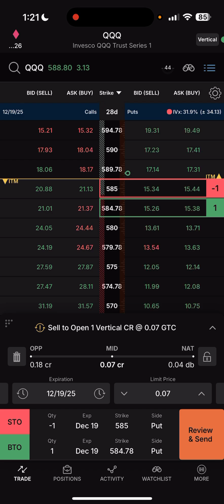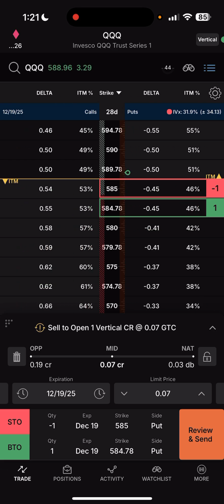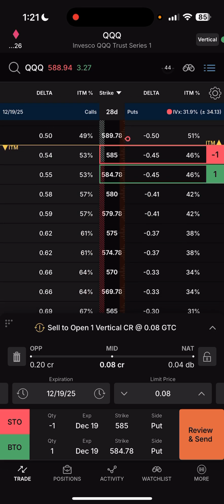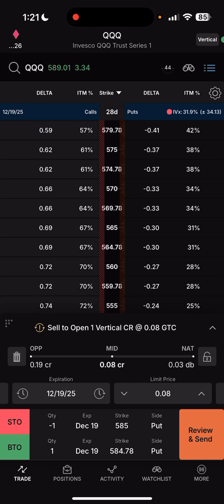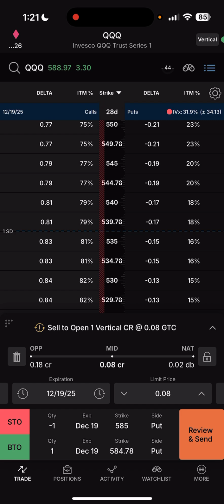Okay, so again, what we do is we want to look for the delta of 15. One of the great things about Tastytrade is they also tell you that one SD with a dotted line, that's your one standard deviation. It's typically around 16 delta, minus 16 because it's a put.